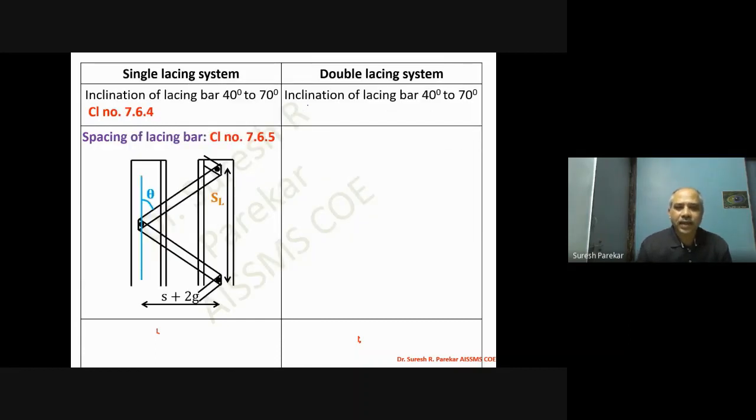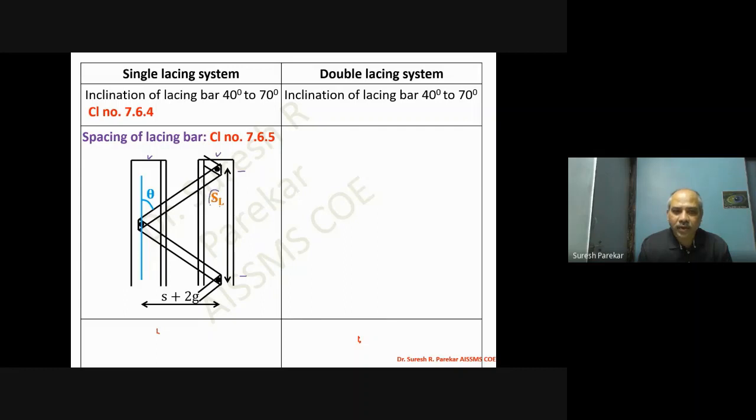Now you can see we are going to lace two members, this is one channel and this is another channel, back to back. Here this is the length of lacing, the spacing of lacing, and this spacing of lacing is nothing but the unsupported length of the individual member.